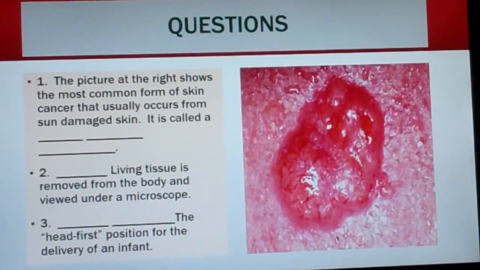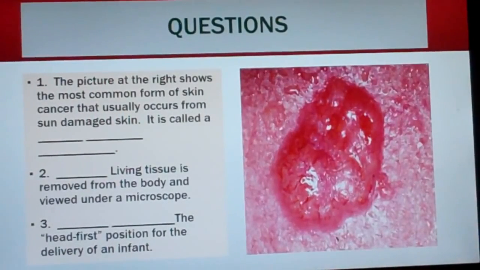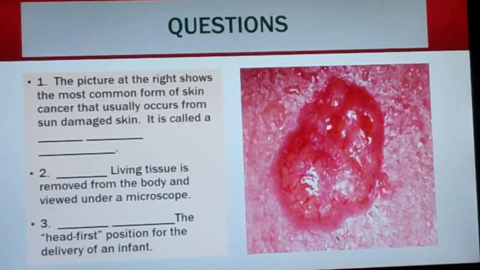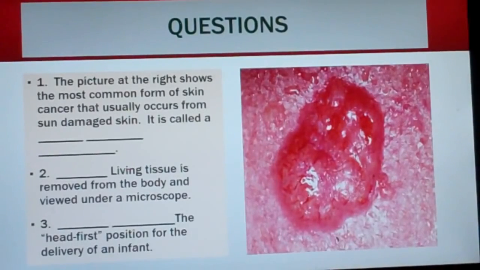Questions. Number 1. The picture at the right shows the most common form of skin cancer that usually occurs from sun-damaged skin. It is called a blank, blank, blank. Number 2.